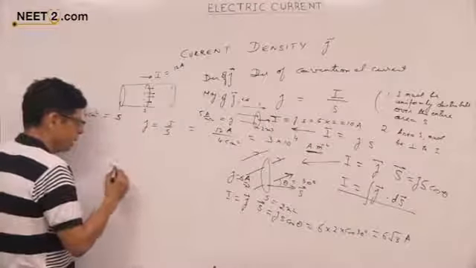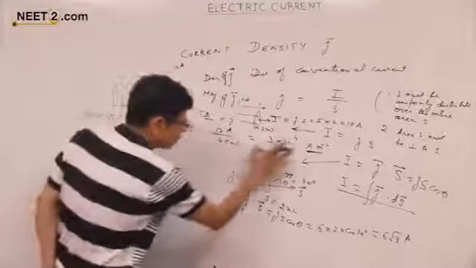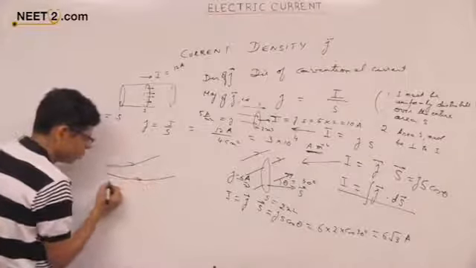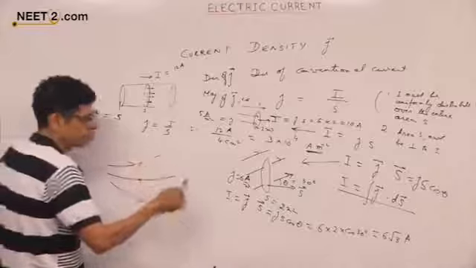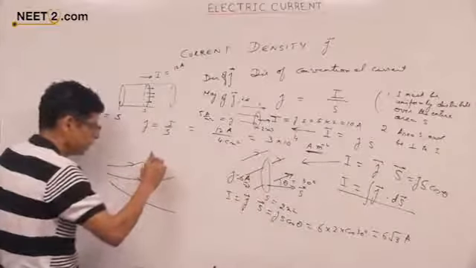So this time the charges are not going nicely parallel to each other, so J is not uniform, but a non-uniform thing like this. And the area is also not a nice planar area, but maybe something like this.